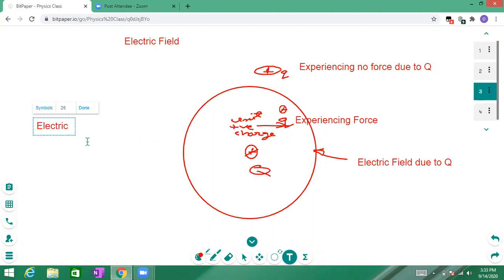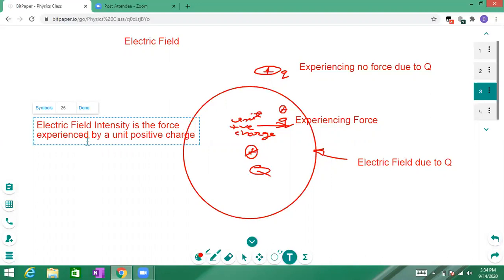Electric field intensity is the force experienced by a unit positive charge.